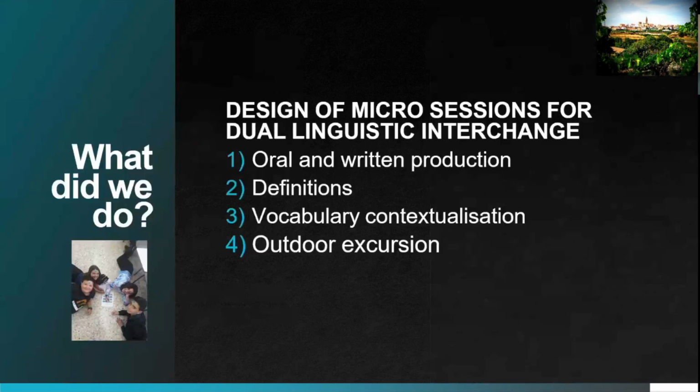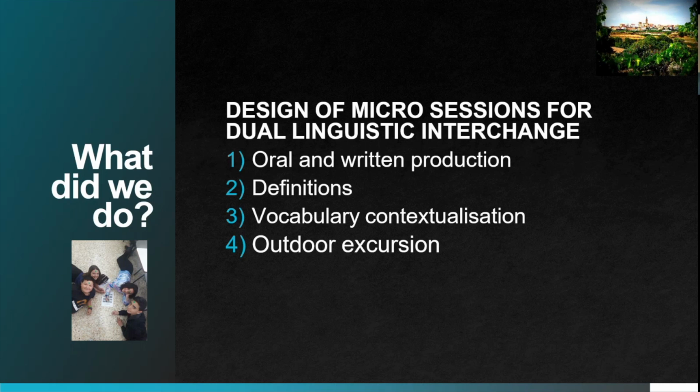Given that we didn't have any specific time or place to put our ideas in practice, we decided to create micro sessions delivered once a week, taking time from other subjects with the school's permission, aimed at fostering dual linguistic interchange.